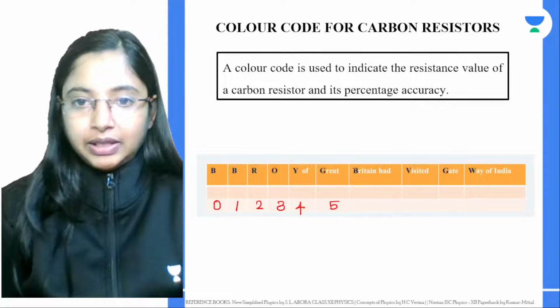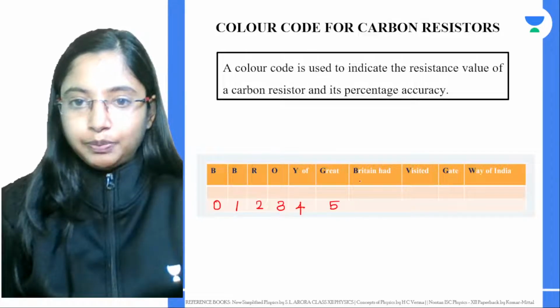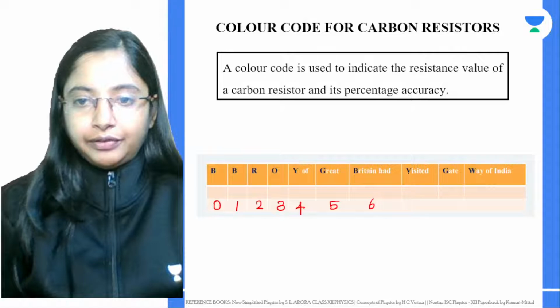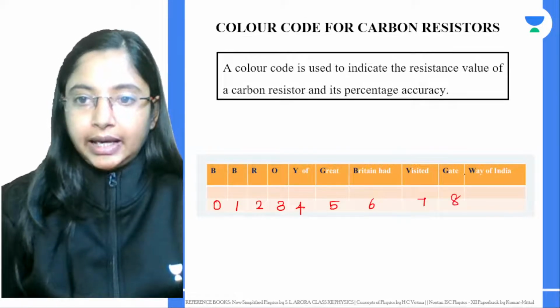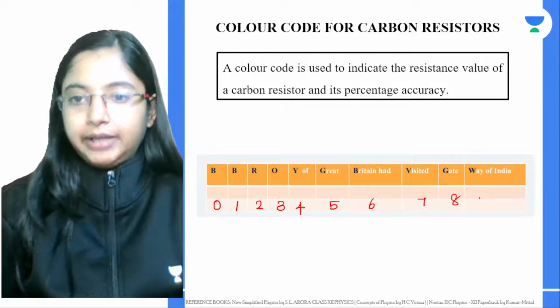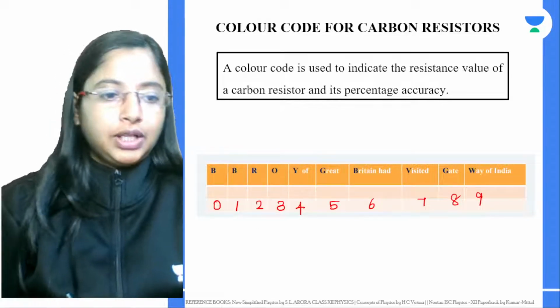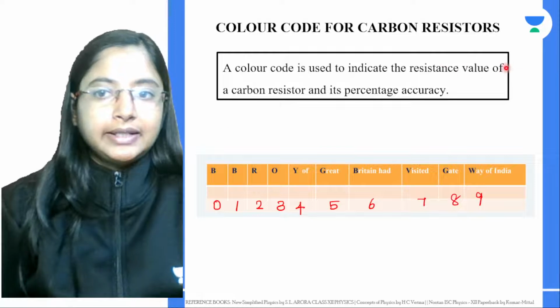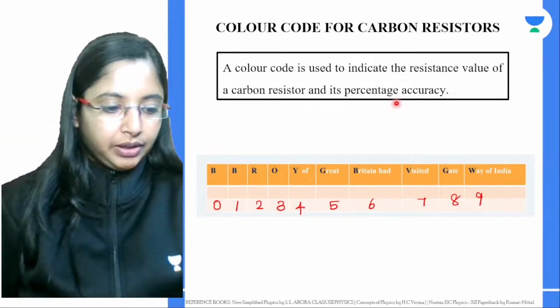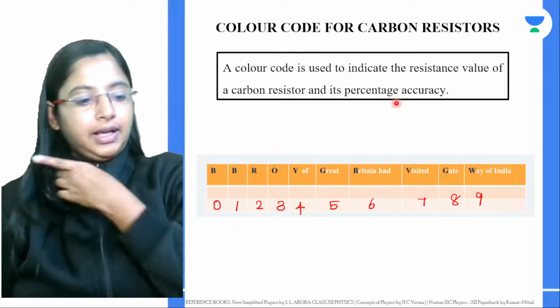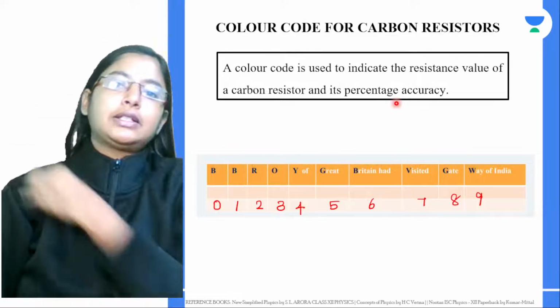Then again you have another B, which is blue, 6, and V is violet, 7. Again you have G, which is gray, 8, and white is actually 9. So the color code is used to indicate the resistance value of a carbon resistor and its percentage accuracy. This is the color code for your carbon resistors.